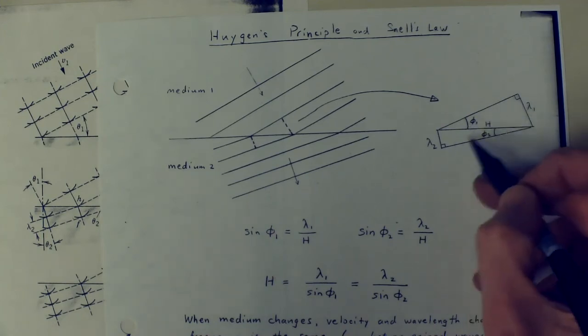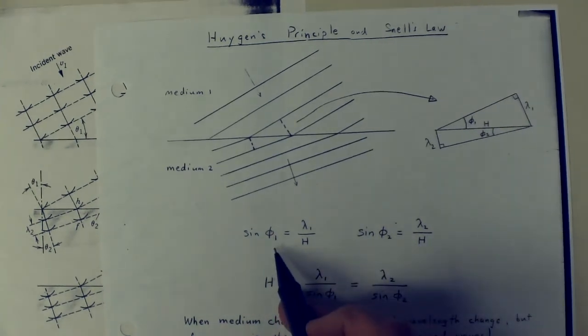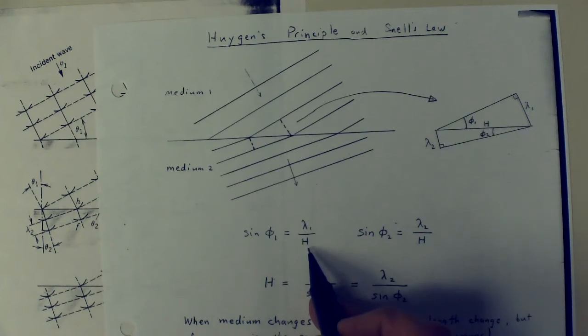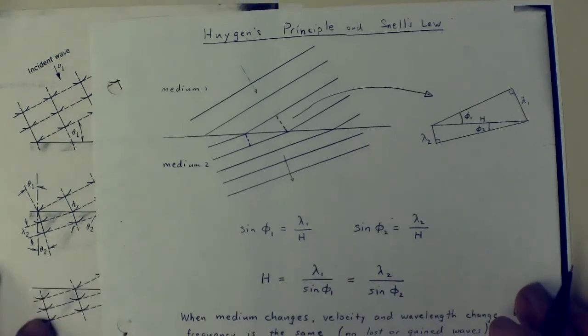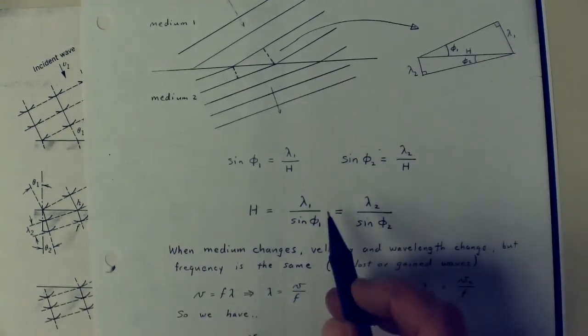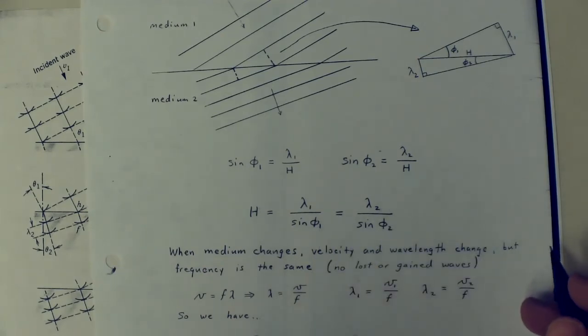So looking at these two triangles, you can write these relations down here, that the sine of phi 1 equals lambda 1 over h. Sine of phi 2 is lambda 2 over h. Solving for h and equating them, that's what this is down here. You get lambda 1 over sine phi 1 equals lambda 2 over sine phi 2.